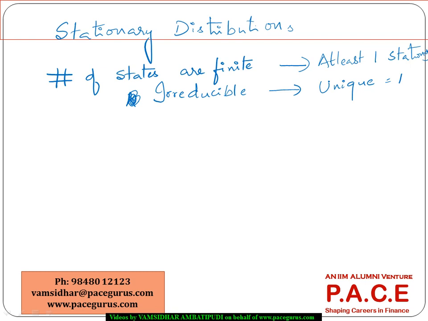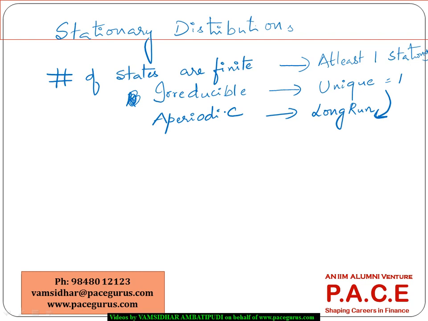And along with being irreducible, if it is also aperiodic, meaning periodicity is equal to 1, we can very well say that in the long run, the process will come towards this stationary distribution itself, and will conform to this distribution.